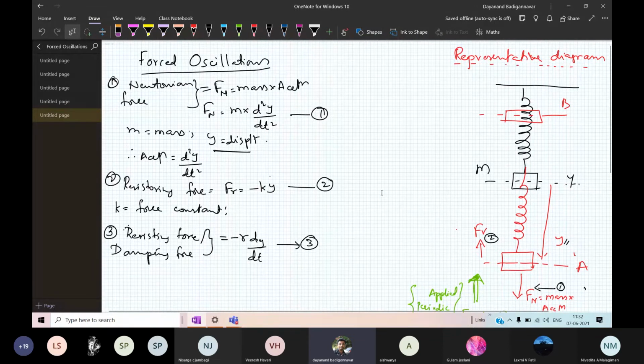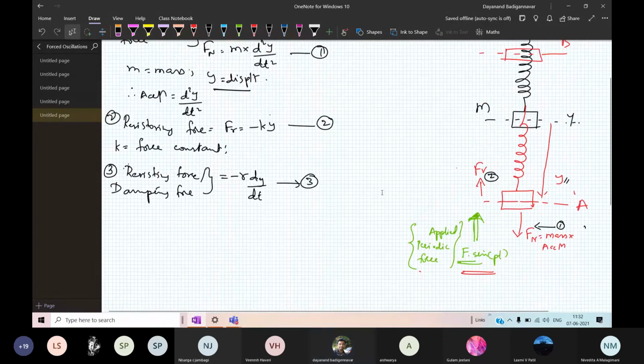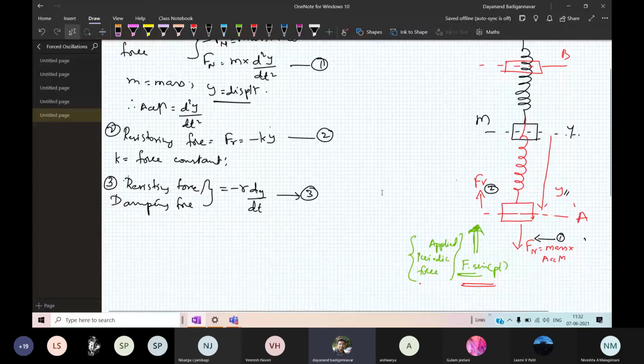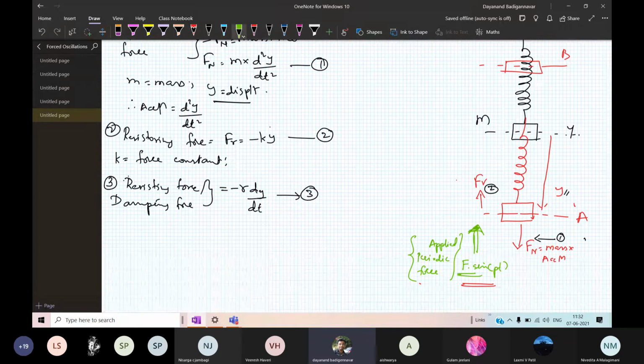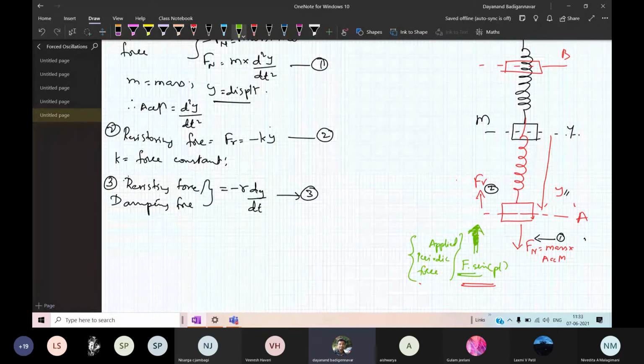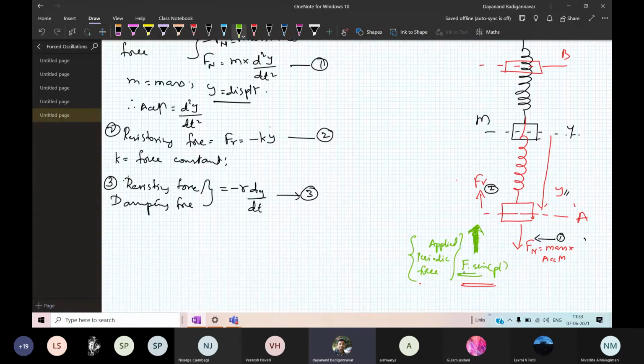Now the fourth one is the applied periodic force. The force that you apply here. So this is the force that you have applied. This is the direction of the force F, and it is F sine pt.